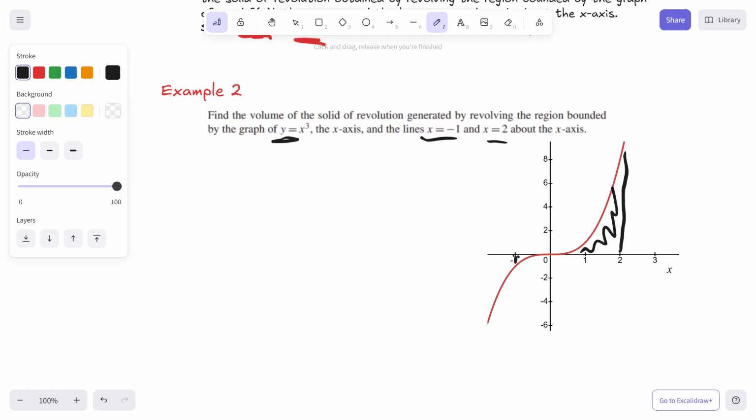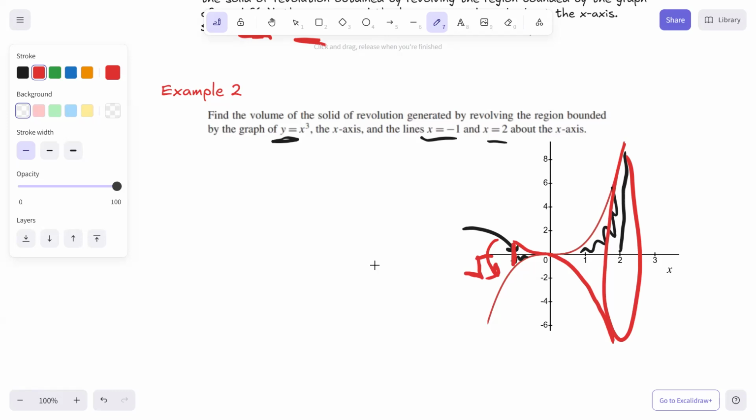Notice this little piece down here is below the x-axis, but what we're going to do is put a crank on this and turn it. And so we're going to have a big kind of horn shape here and a little horn shape here. And then we're going to get the volume of that solid.